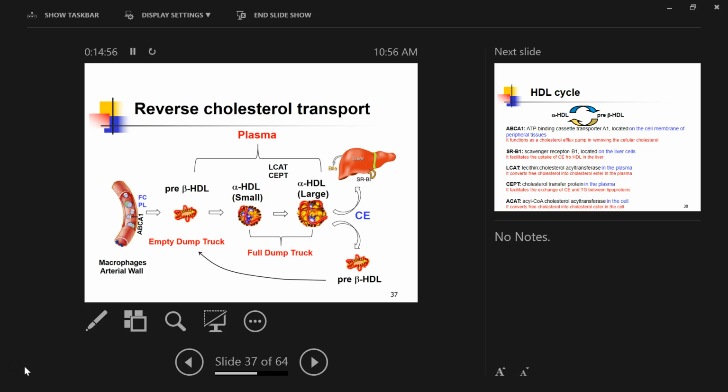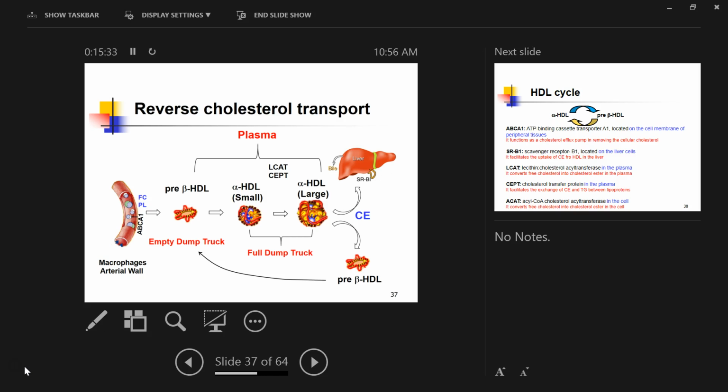So all these things work together, which makes the lipid composition in the HDL change. Both the amount of lipids and the composition of lipids change during the transporting or traveling from peripheral tissue to the liver. Any questions?